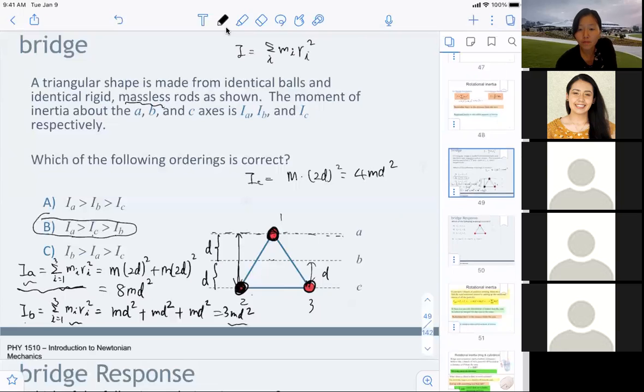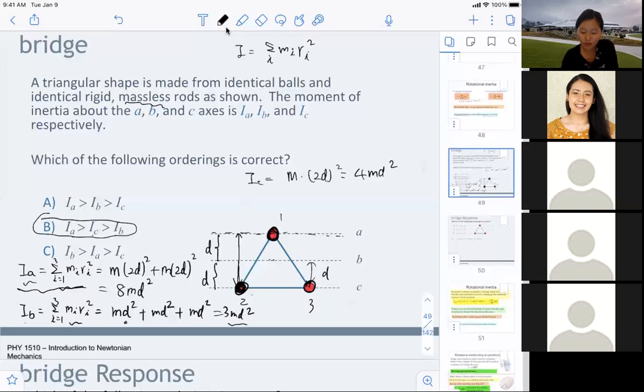I'm a little confused. When we're looking at the inertia at point B, for instance, we look at it as if point B was our axis of rotation, correct? Yes. Then if our axis of rotation was at B, why would our distance be d?